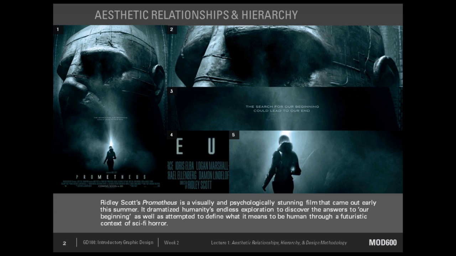So again, the statue is a visual element, the explorer is a visual element, the title Prometheus is a visual element, and the tagline, the search for a beginning could lead to our end, is a visual element. So the characteristics of these particular elements, that's the micro, that's the pieces. And then the characteristics that all these parts combine to create an effect that's greater than just the sum of the parts, that's the macro aesthetic.